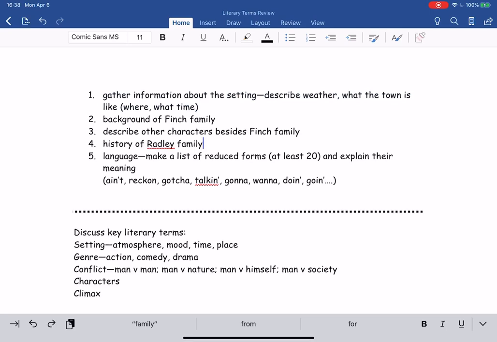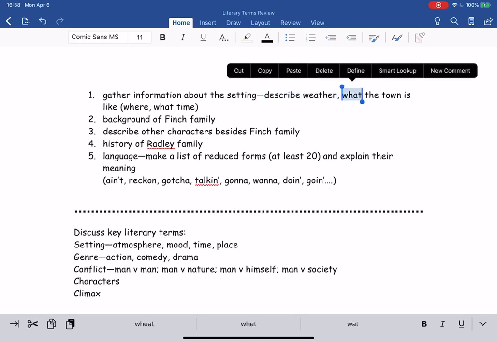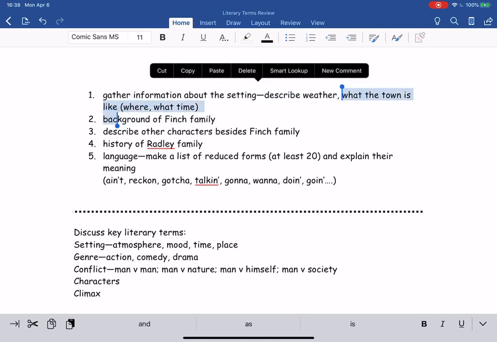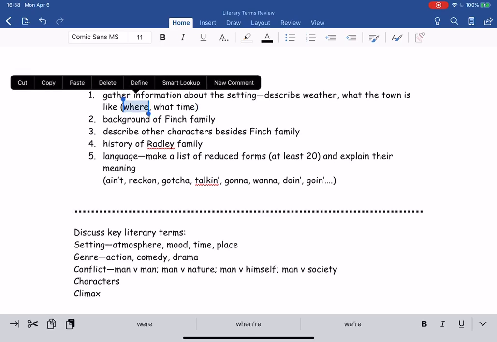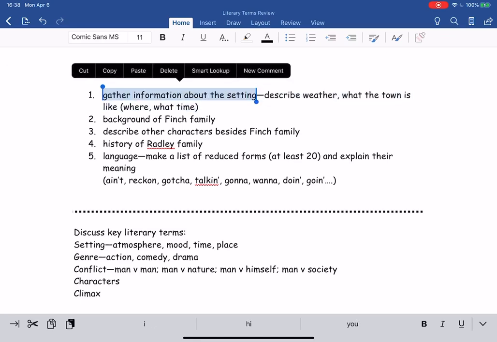But for this question, I want you to describe the weather as it's described in the book. What is the town like? What time period? Where is the town? What year, or approximately what year, are the events of the novel taking place? So for question number 1, I want you to gather and write down information about the setting.